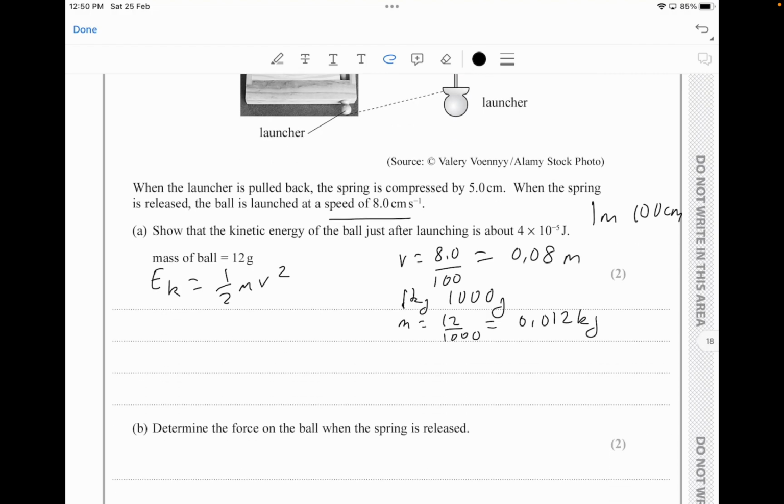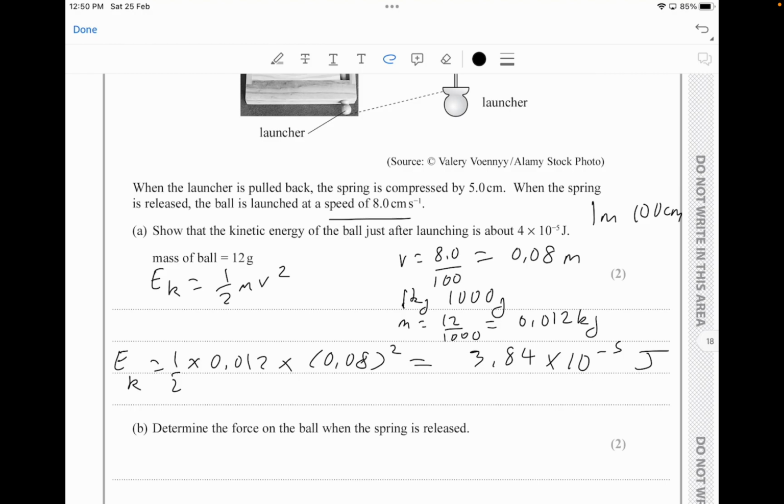Now we can plug this into the kinetic energy equation: half times the mass, 0.012, times the velocity, 0.08 squared. This should give you a value of about 3.84 times 10 raised to the power negative 5 joules.